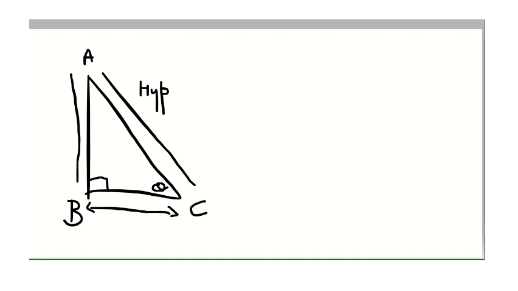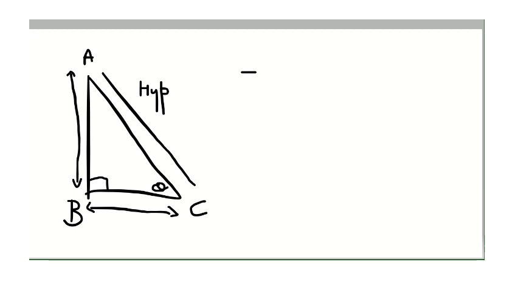So, if I may ask you guys, what is the relationship between side AB, which is this one, and theta? Anyone? Mzizi, yes. Mzizi is saying AB is opposite theta.